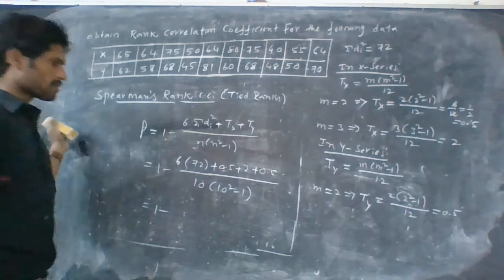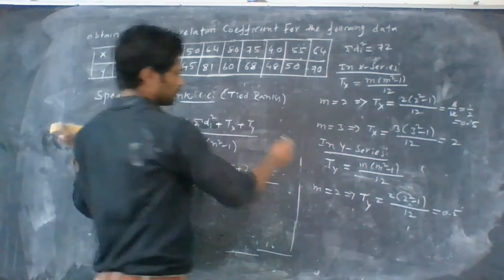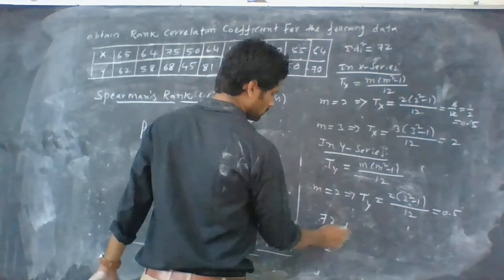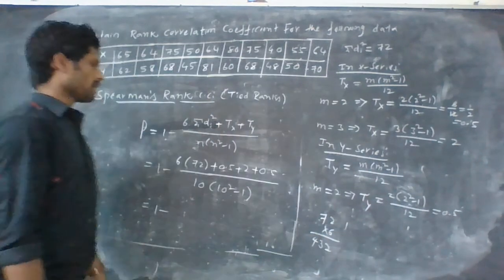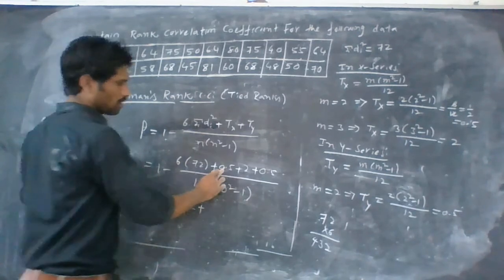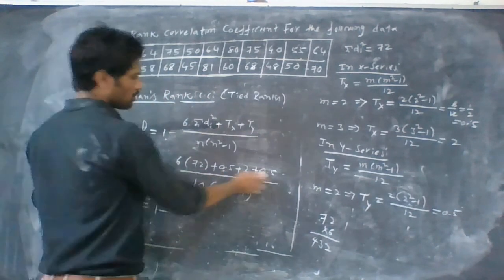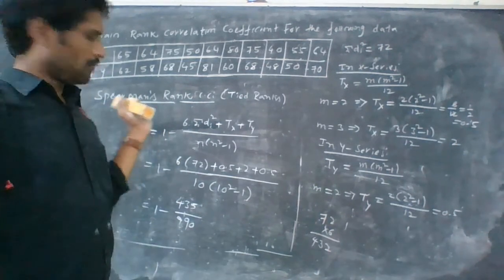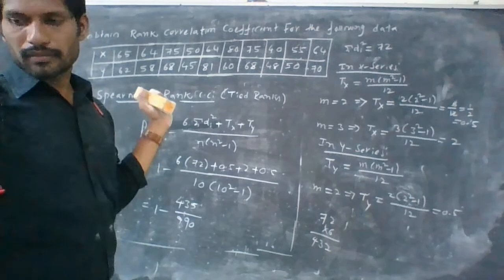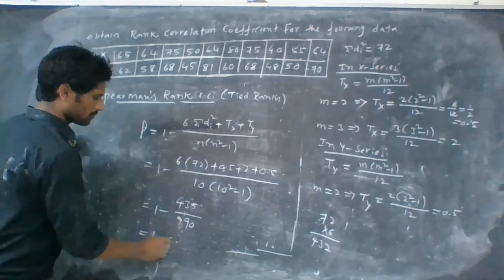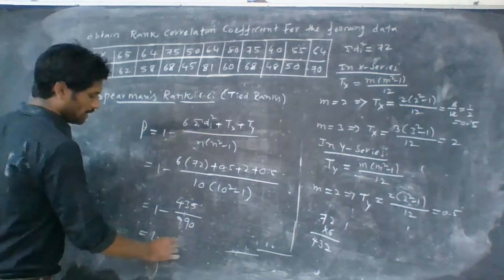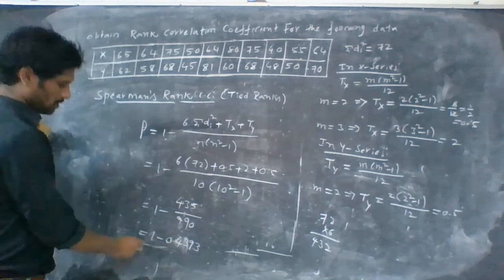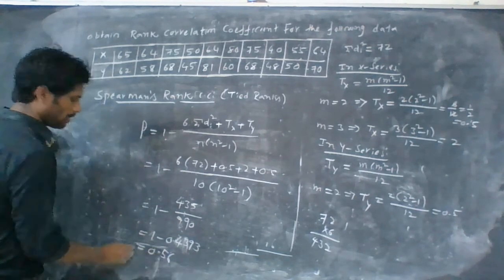So 1 minus 72 into 6, 432, plus 0.5 plus 2 plus 0.5, that is 3, so 435 by 990. 435 by 990, that value is 0.4393. On simplification, we get the value of rho as 0.56.